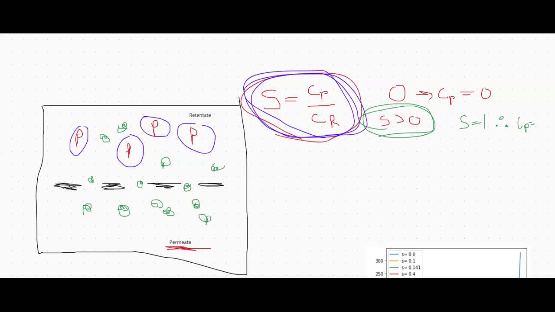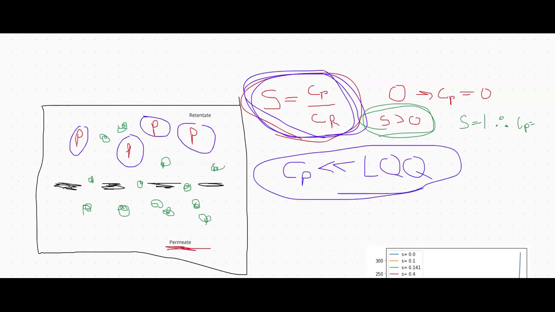But something I've often found is that your permeate concentration is too low. That is, your permeate concentration is less than the limit of quantitation of the assay to detect the solute. So what do?